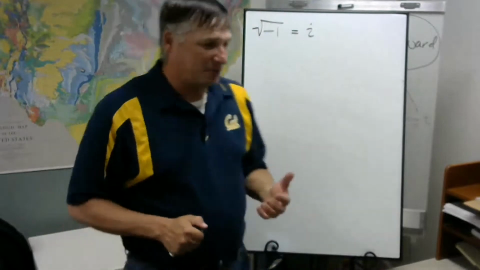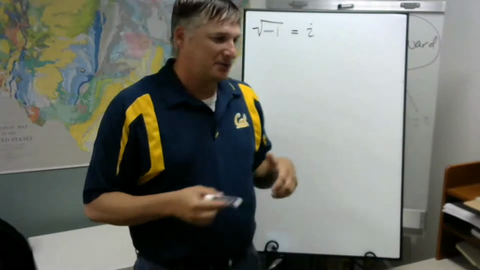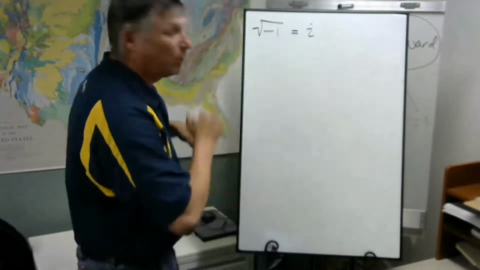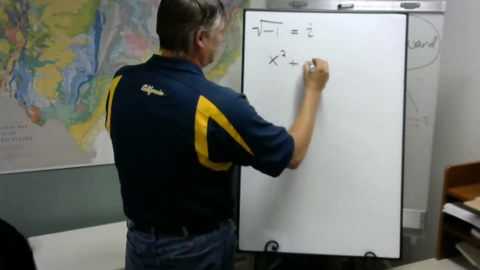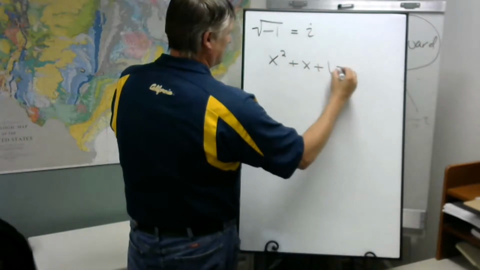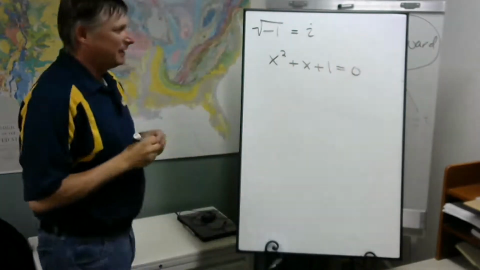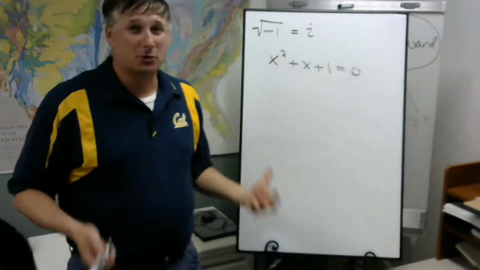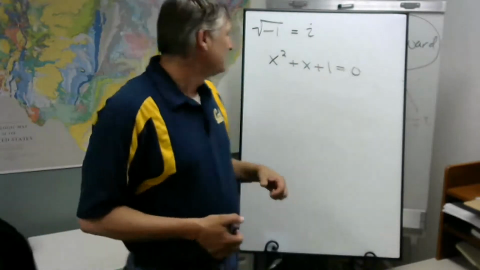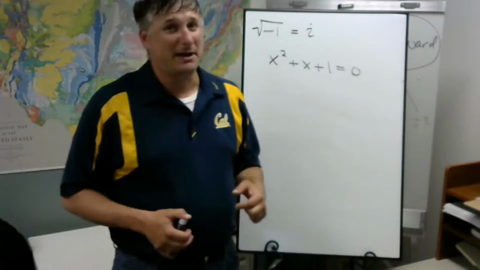So it also allows us, for better or worse, well, worse, but it allows us to solve a quadratic equation such as this. And if you try to solve this using your quadratic formula, you're going to end up taking the square root of a negative number. This allows us to do that.